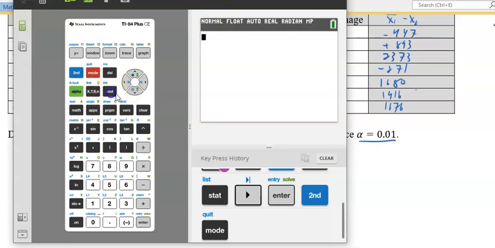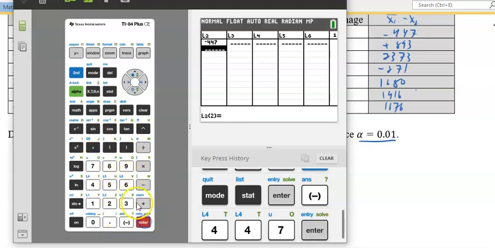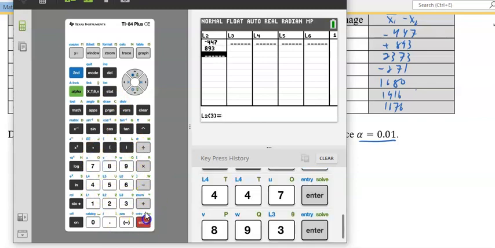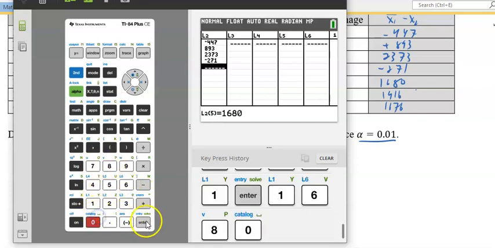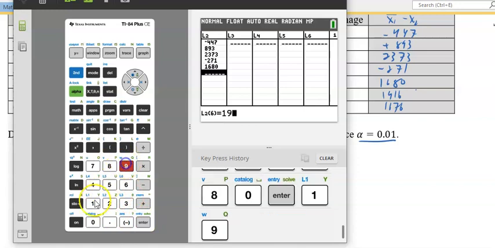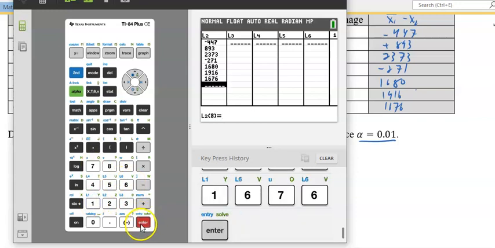So we go to statistics, edit, and we have negative 447, 893, 2373, negative 271, 1680, 1916, and 1676. That's 7 of them.